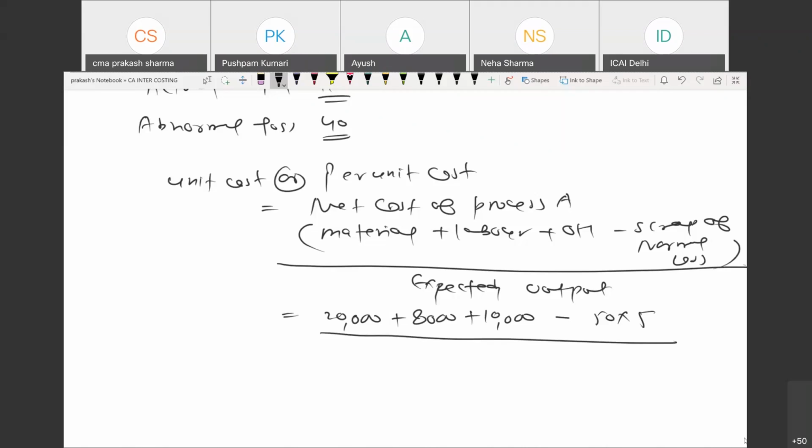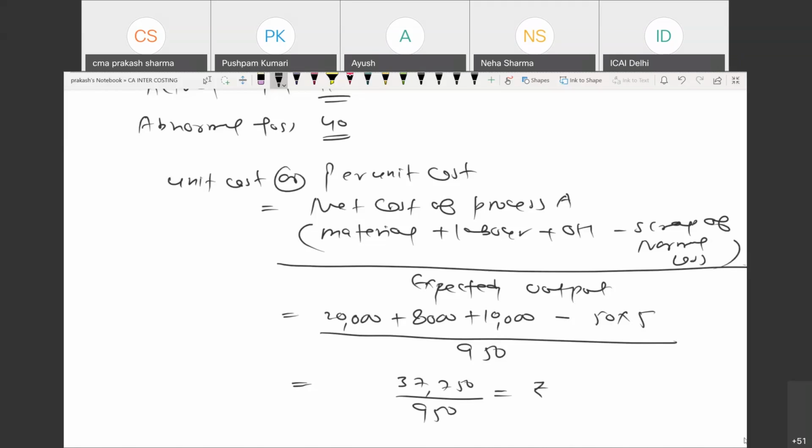Expected output is 950 units. So 28,000 plus 10,000 is 38,000, minus 250 becomes 37,750. When you divide by 950, please let me know the value up to 4 places of decimal.